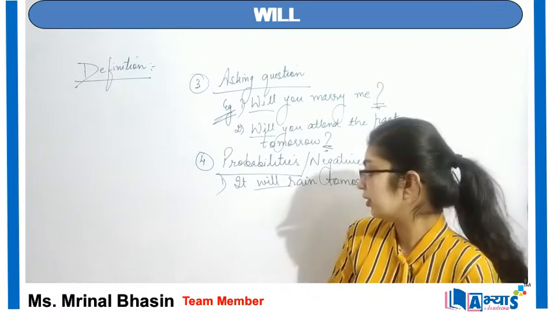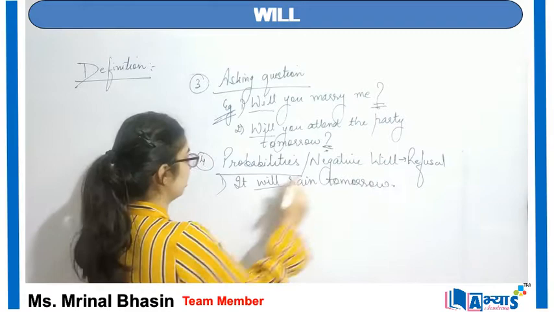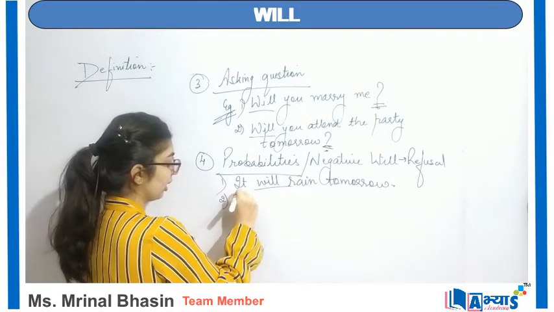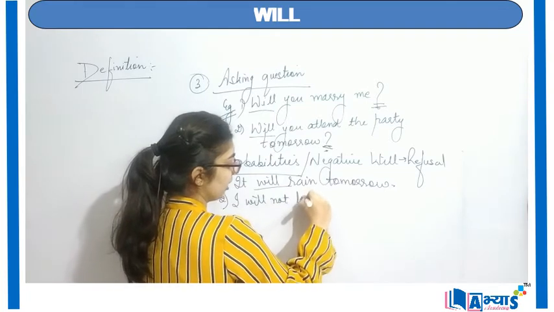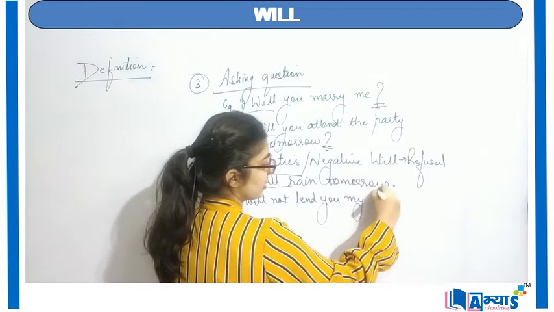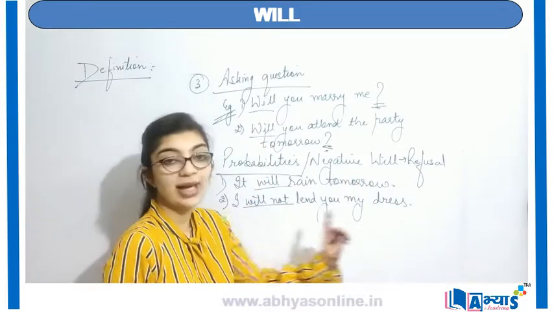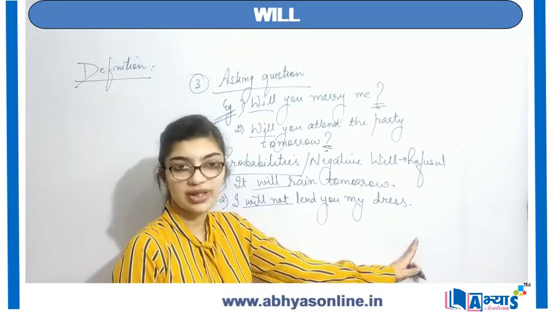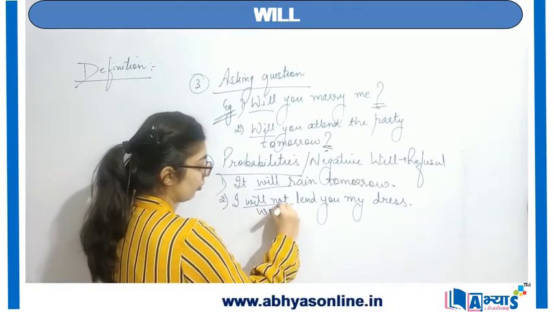And the usage of will for refusal can be, I will not lend you my dress. Now will not, over here I am refusing to give my dress to any person, so will not is also used as won't.